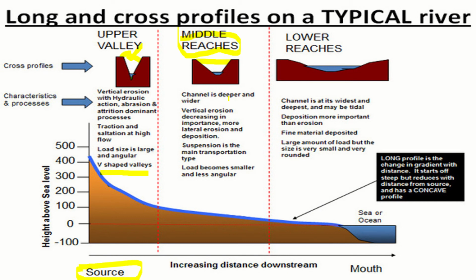Vertical erosion decreases in importance, and more lateral erosion and deposition become common. Suspension is the main transportation type here. Previously the load was large and angular, but here the load becomes smaller and less angular.